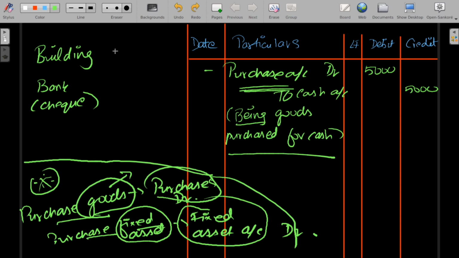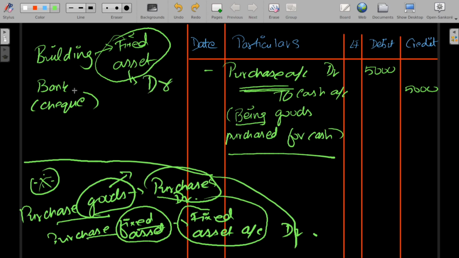When you purchase a building, it is your fixed asset, and your fixed asset comes under the asset account. So when you purchase a building, your asset is created or your asset increases. As per the table, when your asset increases, you debit it. And while buying the building, you pay and your cash goes out.